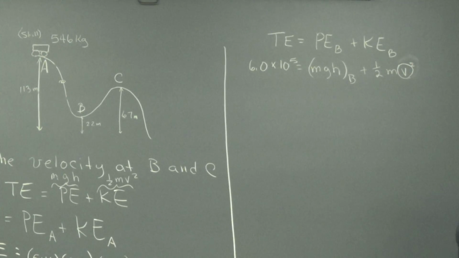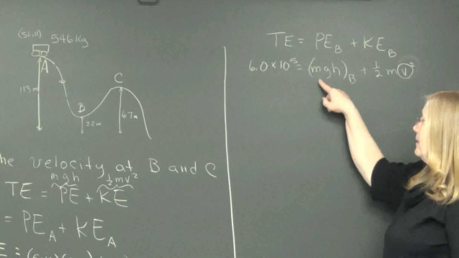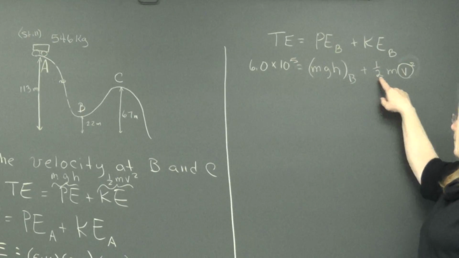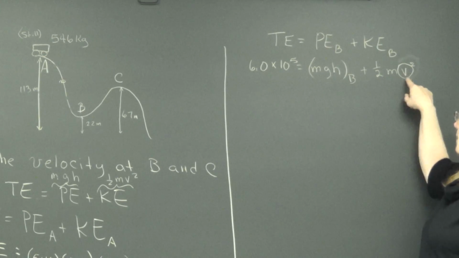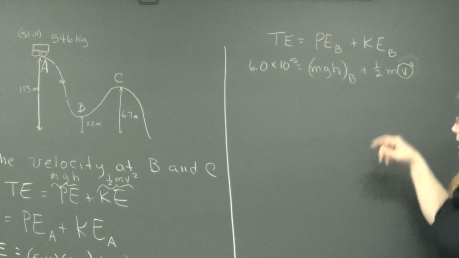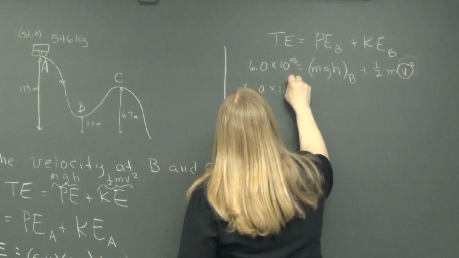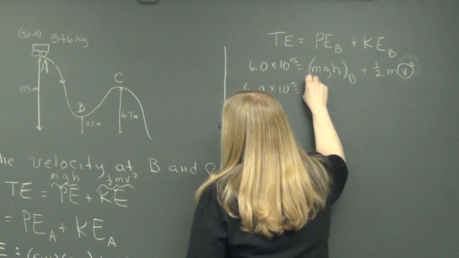All right, so let's plug and chug. Put in the mass, the gravitational constant, the height at B, and put in 1/2 mass, and you'll have an unknown v to solve for. I will put in the numbers, but I'll let you do the crunching.